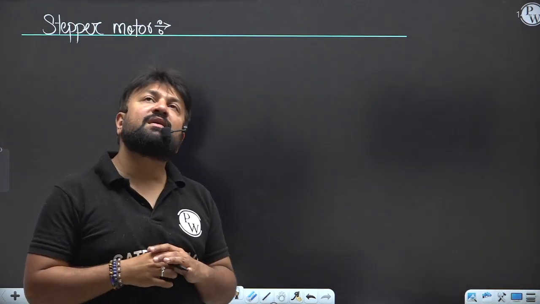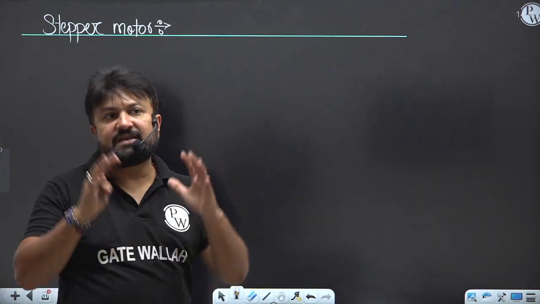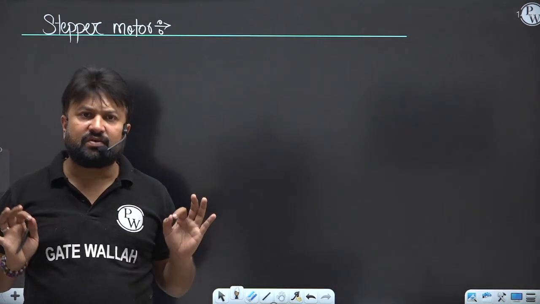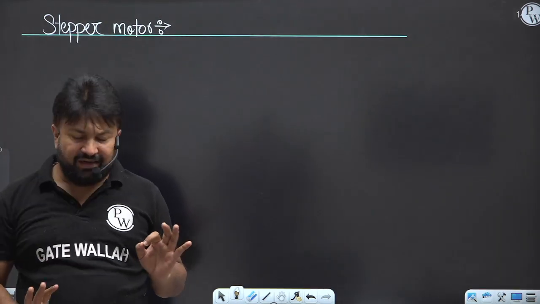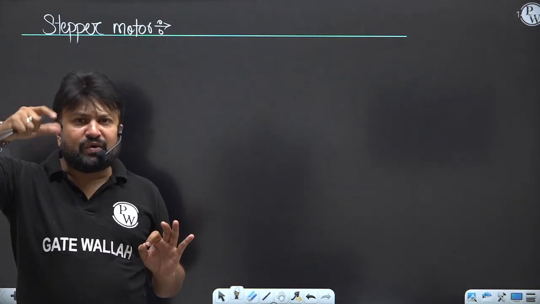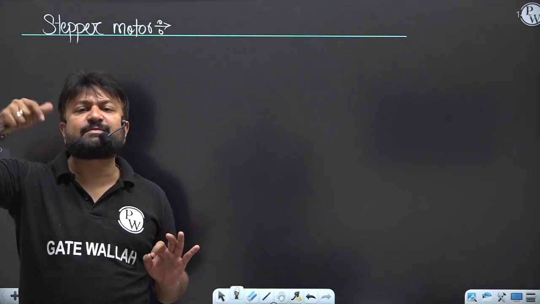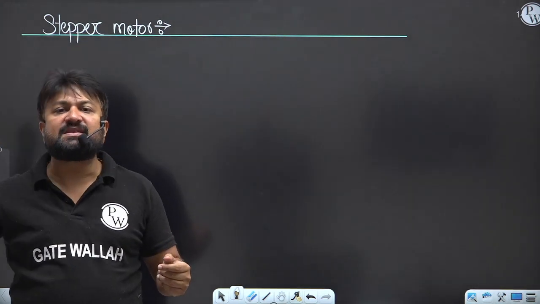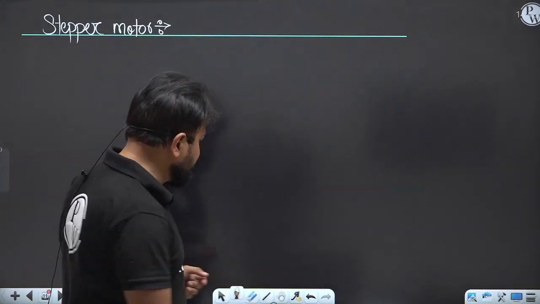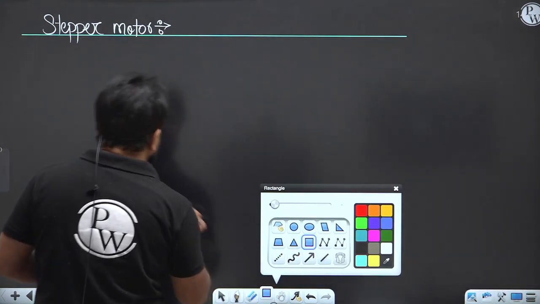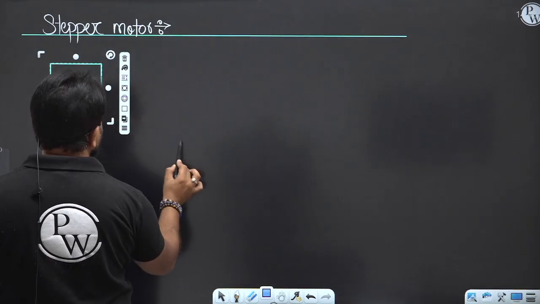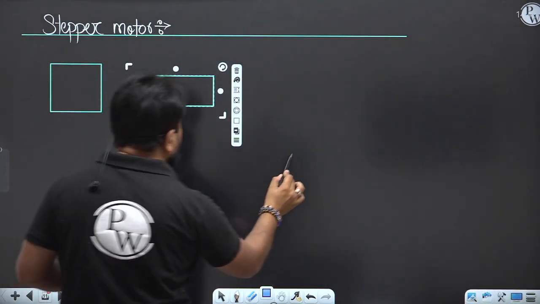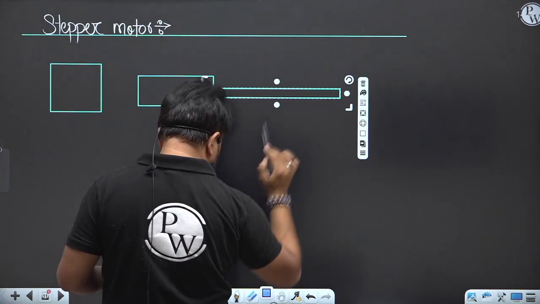Basically it is a synchronized motor. The stepper motor is a special type of synchronized motor which is designed to rotate through a specific angle, which is called a step, for each electrical pulse received from the control unit. Suppose this is a control unit or computer, and this is a stepper motor, and this is a shaft.